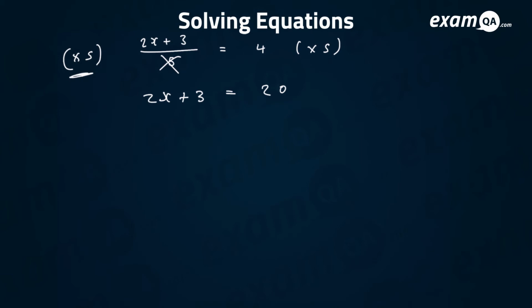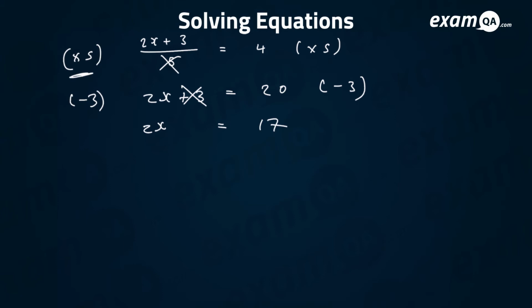Now can you see it's really back to basics now. Something so easy that you can do. We have to just get rid of the 2 and the 3. So easiest thing to get rid of is the 3. How do you get rid of plus 3? You do the opposite, which is minus 3. So that's gone. I'm left with 2x equals 20 minus 3, 17.